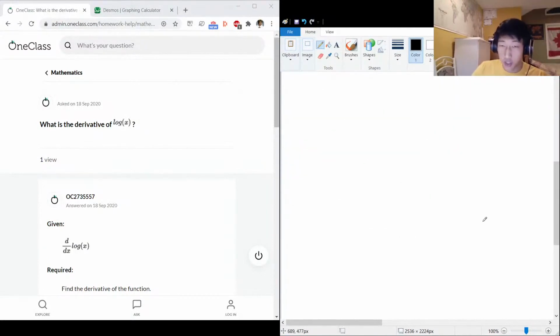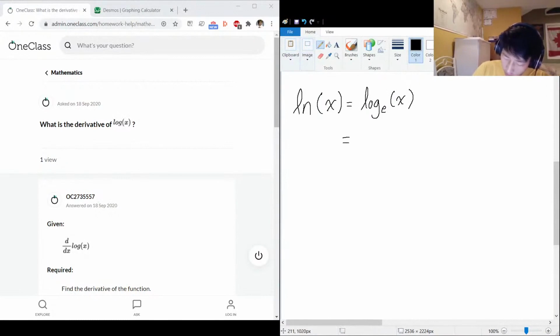But something I want to mention, a ln, or natural logarithm of x, is equal to regular logarithm with base e, which you could also write as logarithm base 2.718.